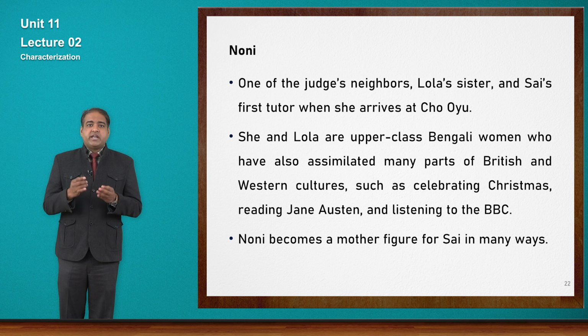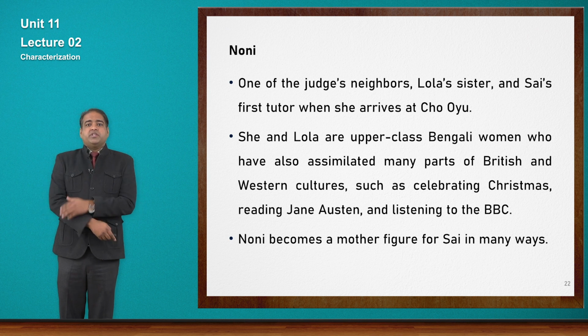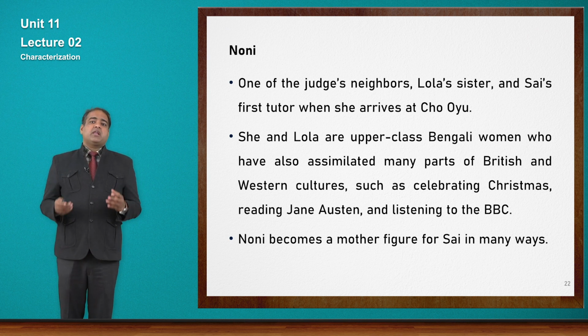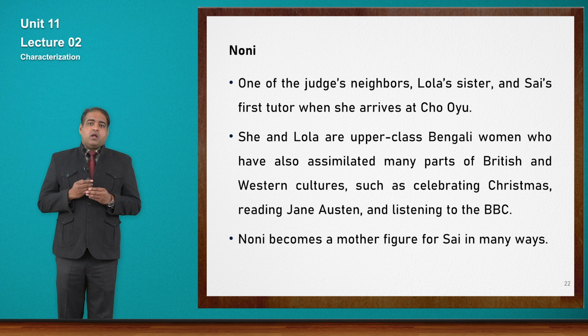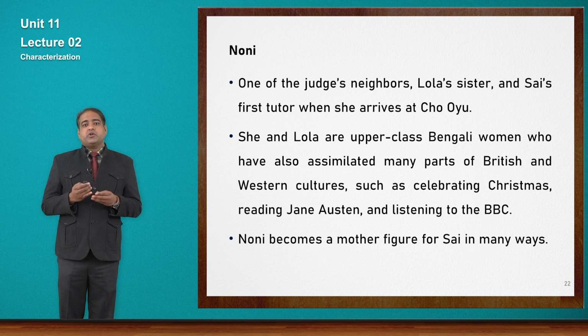So this lady Noni has a sister, Lola. They used to live with each other. They were upper-class Bengali women, and they used to listen to the BBC, celebrate Christmas, read Jane Austen, etc.